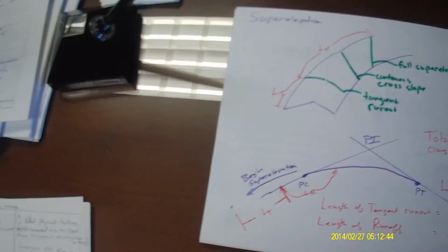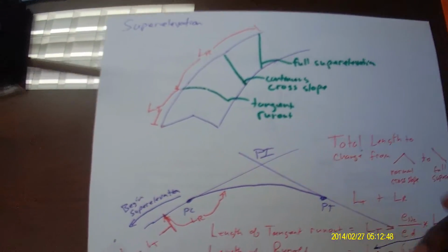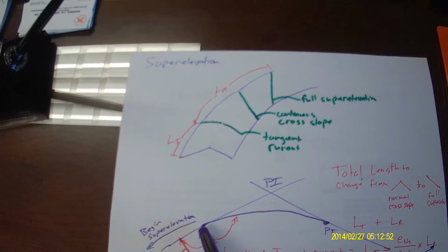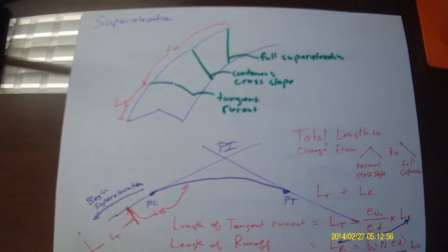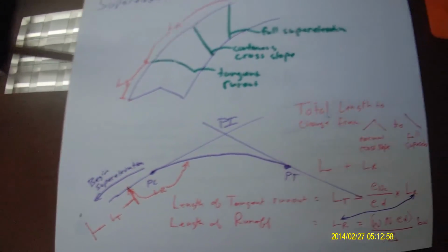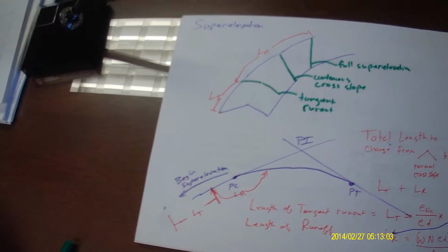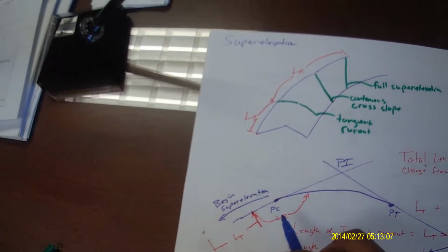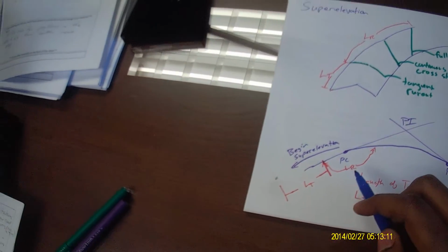So let me go right back to that point there, because I mentioned that we don't just automatically go from a normal cross slope straight into superelevation. We begin a distance away from where the curve starts. Okay, and so that distance really depends on how much this length of runoff is straddling PC.